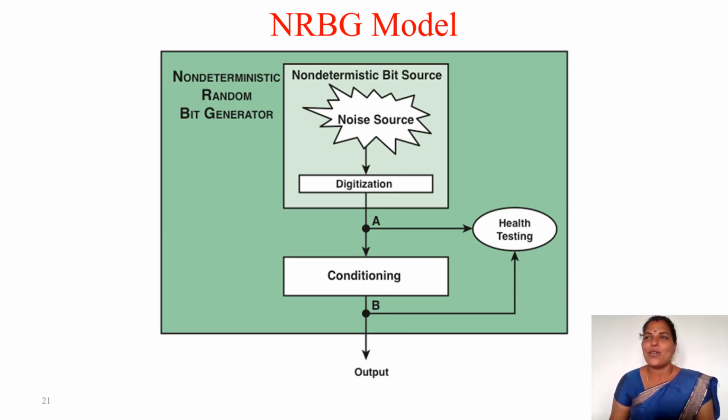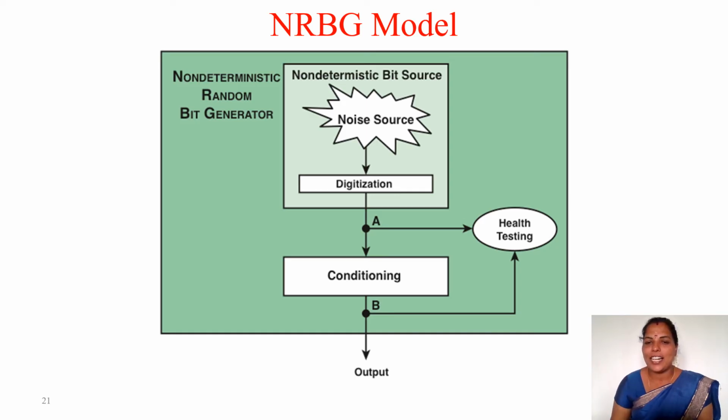Likewise, we are also testing the health condition of the generated random number, whether it is truly random, or what severity of randomness is available, whether it is low, medium, or high. In order to test the condition of the random number, we go in for this health testing.